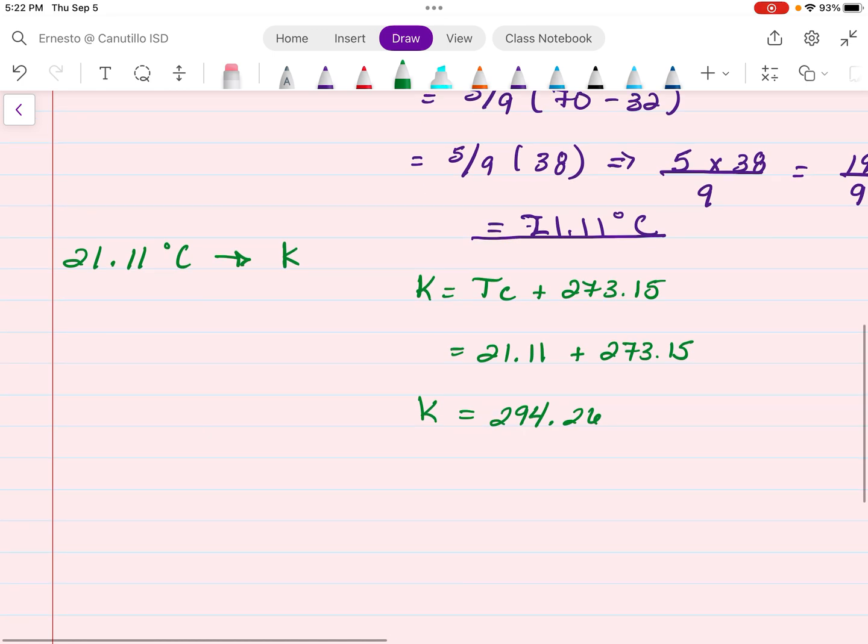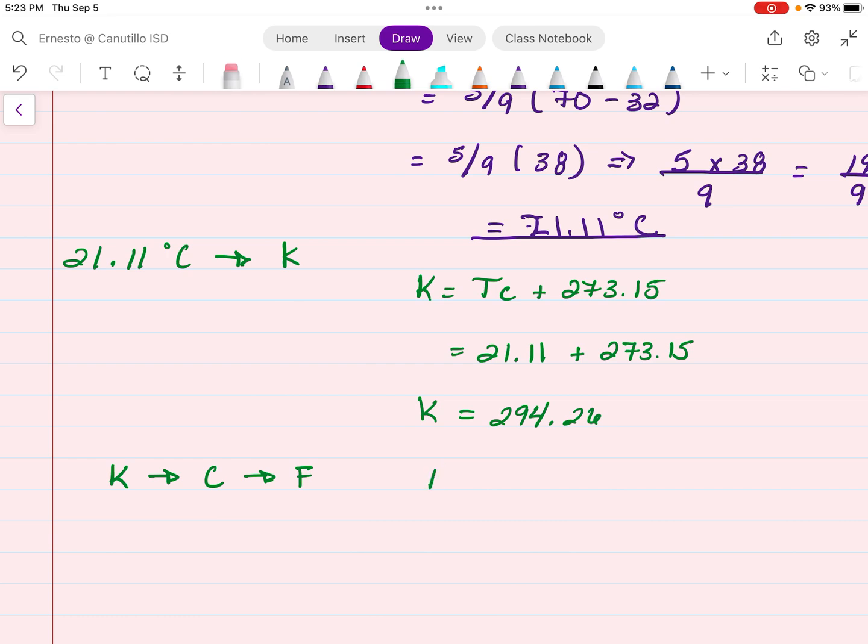Now, if you're given a temperature in Kelvin and you want to go to Fahrenheit, you're going to have to go from Kelvin to Celsius, and then from Celsius to Fahrenheit, and you have all the formulas here. Remember that if you're going from Kelvin to Celsius, let me erase this real quick.